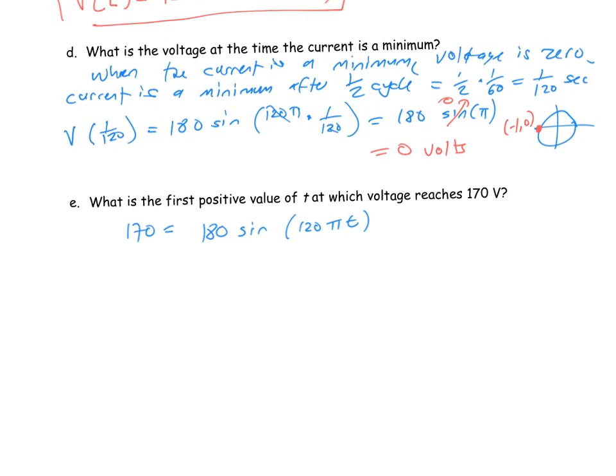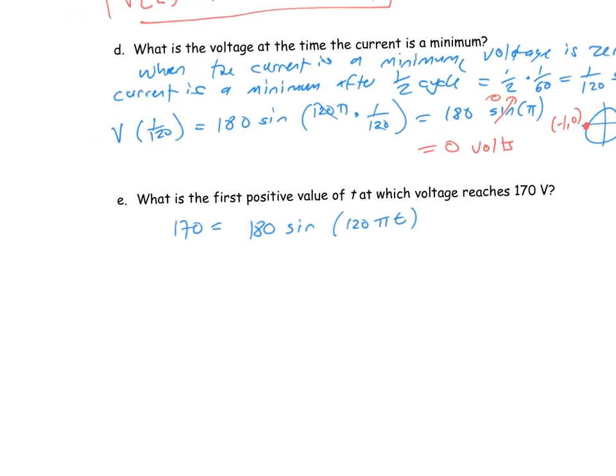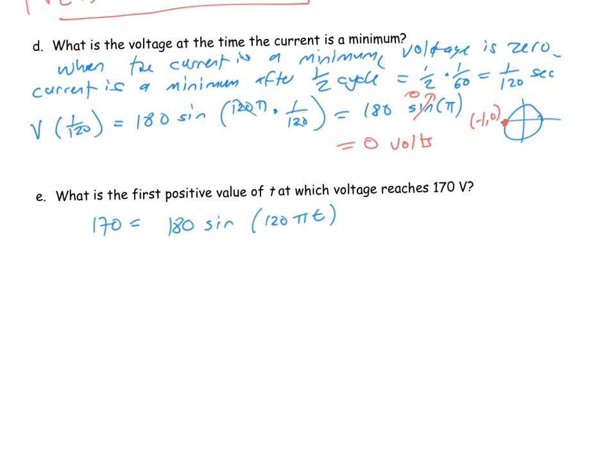To solve this equation, first we want to isolate sine. So I will divide both sides by 180. Now we'll get 17/18, canceling out the tens, equals sine of 120 pi t. To undo sine, we're going to use inverse sine.